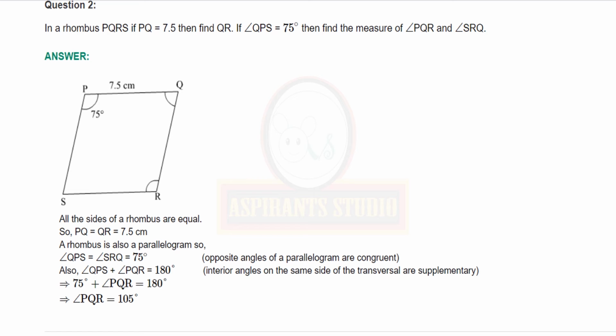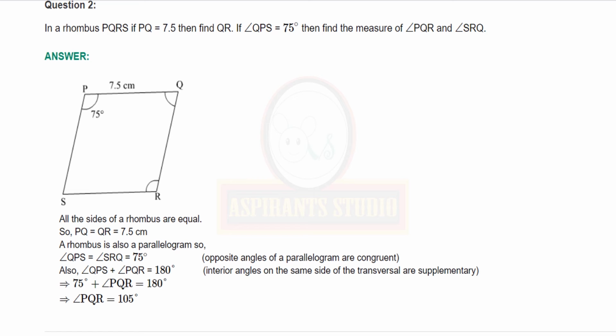Now also in a rhombus, we have the parallel lines and the transversal, then we get the interior angles. So you have to write that statement. I am just giving the hint. You have to write that properly. You are taking PS parallel to QR because it is a rhombus, opposite sides are parallel, and the transversal as line PQ. Then we have the interior angles. Interior angles on the same side of the transversal are supplementary.